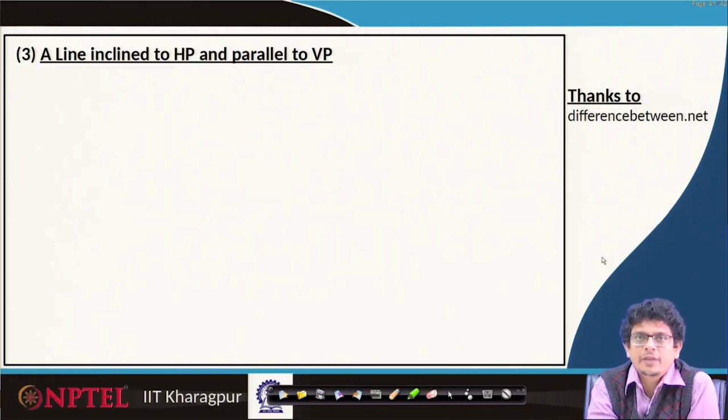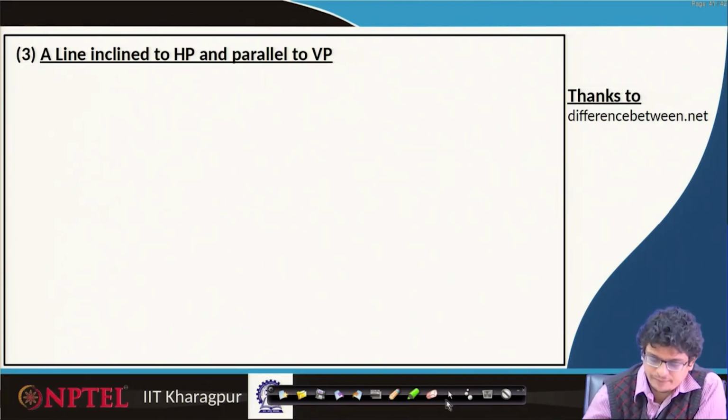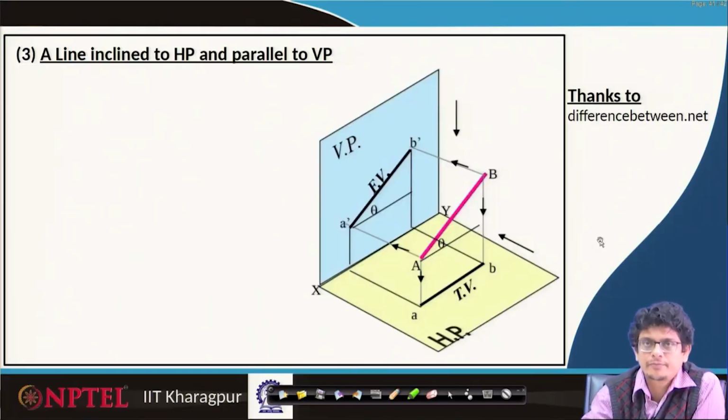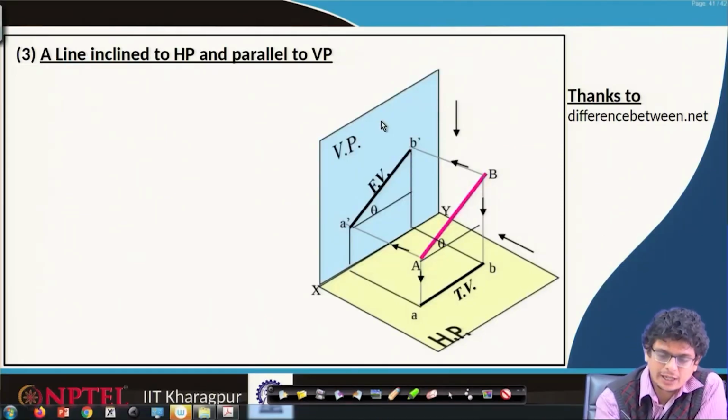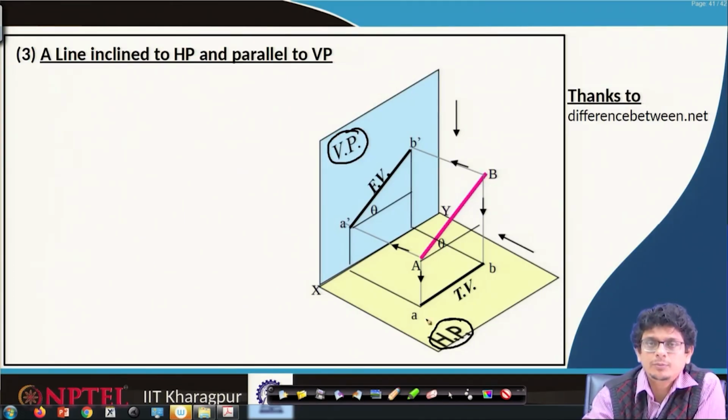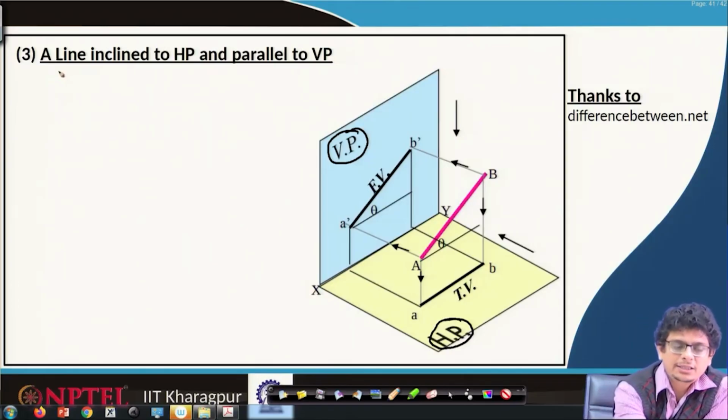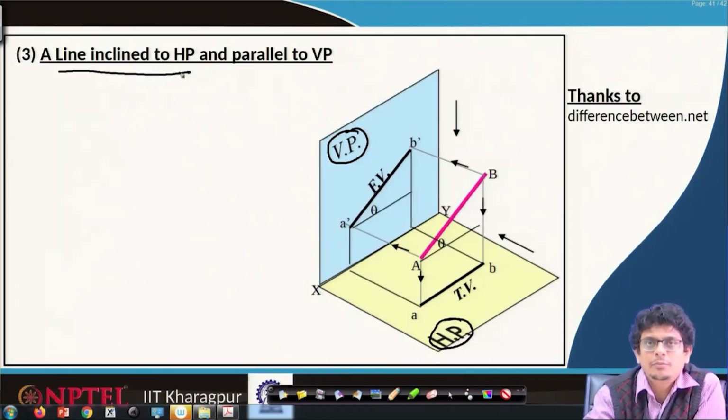Let us look at a third case, where a line is inclined to the horizontal plane and is parallel to the vertical plane. Here are the vertical plane and horizontal plane, and the line is inclined to the horizontal plane, but it is parallel to the vertical plane.